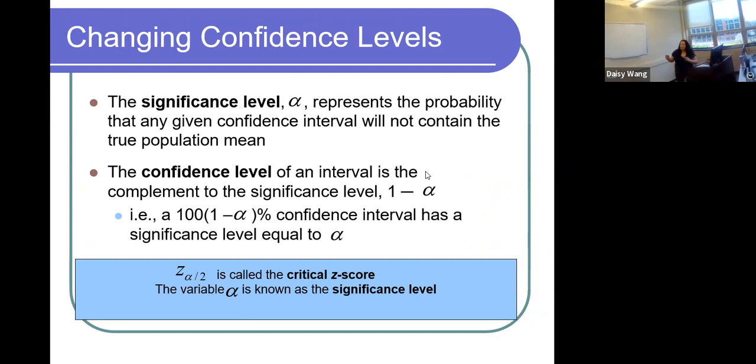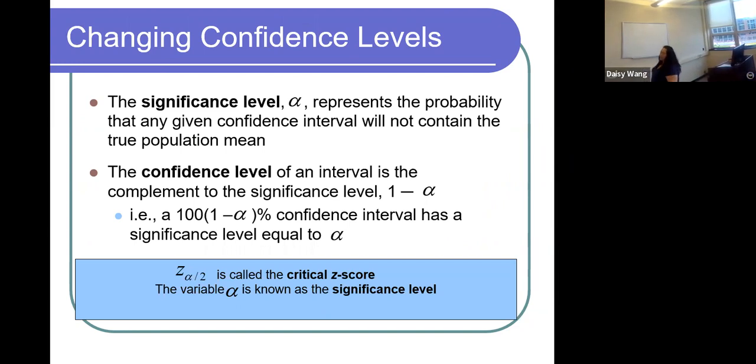The opposite of the confidence interval is the significance level, which is alpha. Alpha is the possibility that any given confidence interval would not contain the true population mean. It is sort of like error: if the confidence interval is 90%, then the significance level is 10%, a 10% possibility that this would not contain the true population mean, because that would be the error outside of the confidence interval.